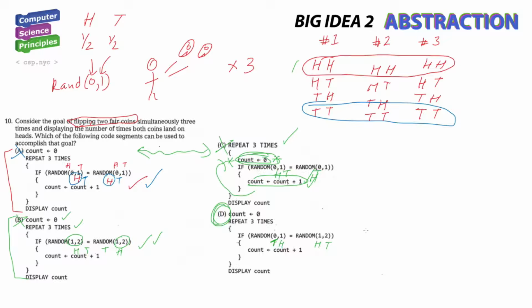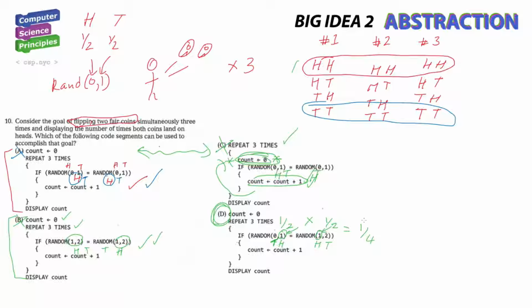So this is still looking at a 1 in 4 chance of this 1 being chosen at the same time that this 1 is being chosen. There's still a 1/2 chance to choose the 1, and there's still a 1/2 chance over here to choose the 1. So for both of these things to happen, when you multiply, it does give you a 1/4 chance that random 0, 1 equals random 1, 2.